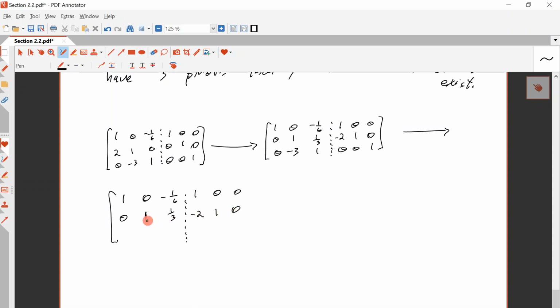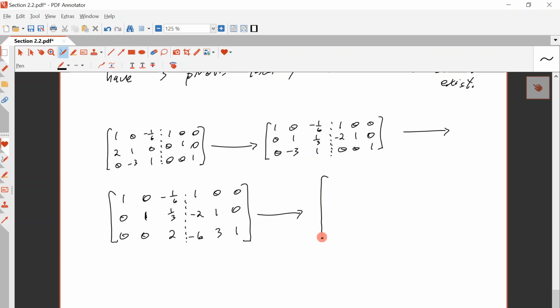So subtract it 3 times. Or no, add it 3 times, I'm sorry. If I add this 3 times, I get 1 plus 1 is 2. 3 times 1/3 is 1, plus 1 is 2. And then this is going to get multiplied by 3 and added to that. So that's minus 6, 3, 1.